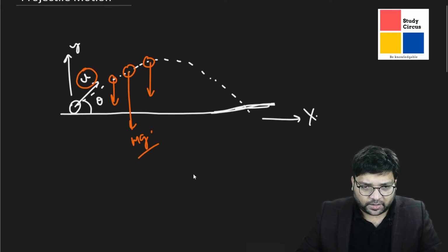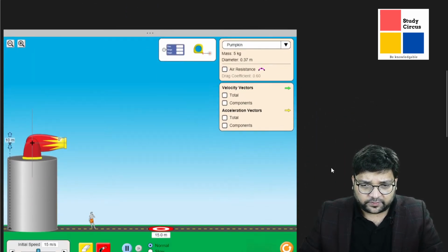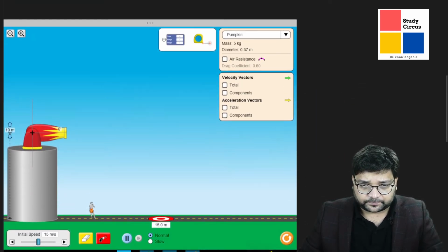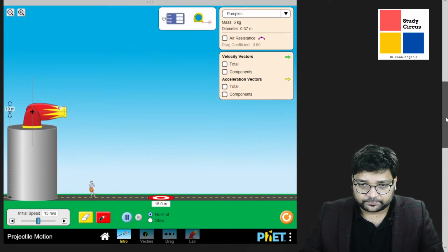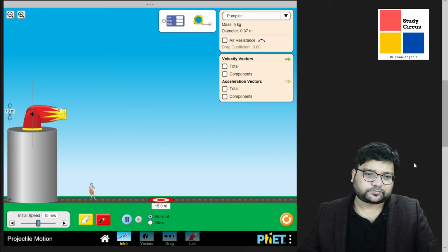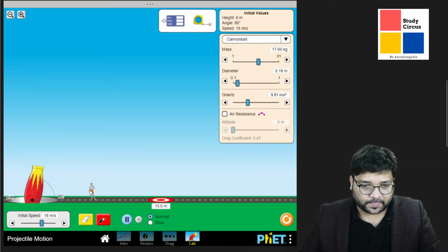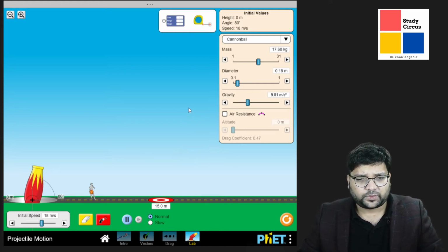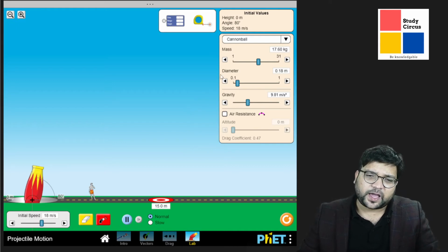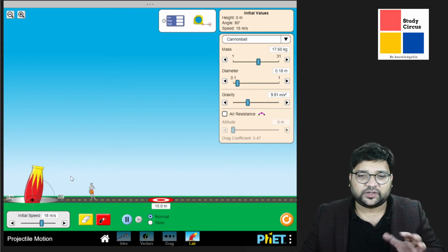We'll try to see this with the help of this simulation. There are various parameters. The mass of the projectile that we are throwing, we can change that.